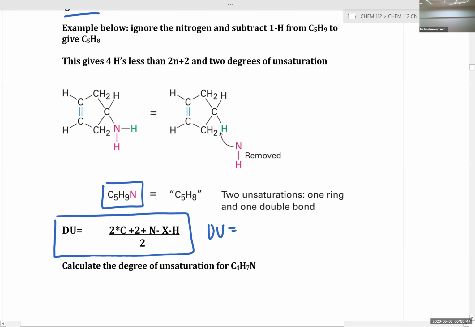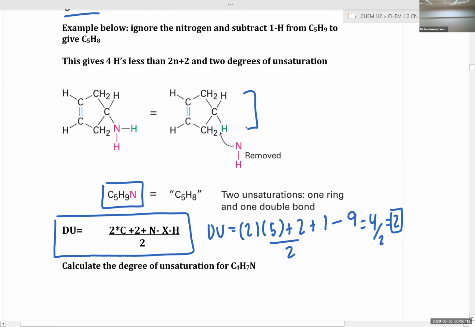So our DU would be 2 times the number of carbons, which is 5, plus 2, plus the number of nitrogens, which is 1, minus the number of hydrogens, which is 9, over 2. So we have 13 minus 9, 4, which gives us 4 over 2, which gives us a DU value of 2.